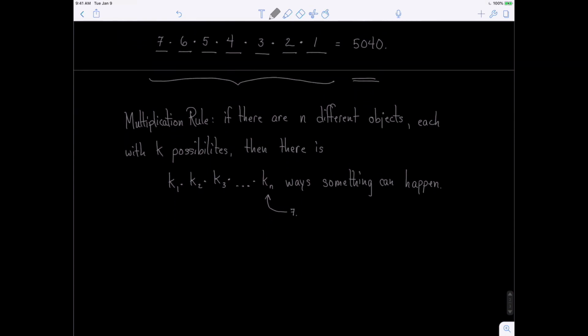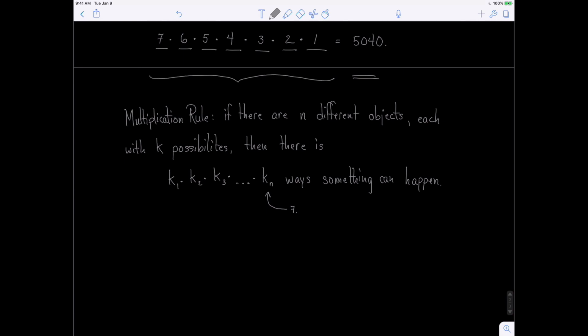Now, the other thing we wanted to look at is this idea of descending multiplication. Notice that what happens is it goes down by the next whole number. So it goes 7, 6, 5, 4, 3, 2, 1, and then it stops.